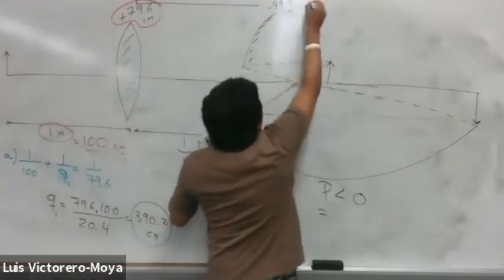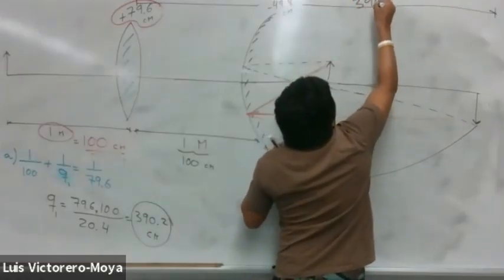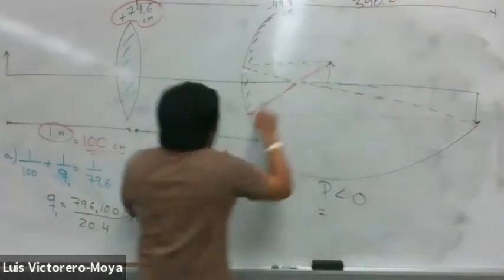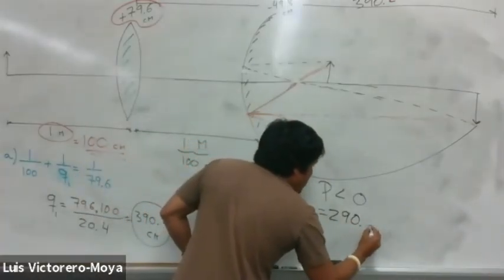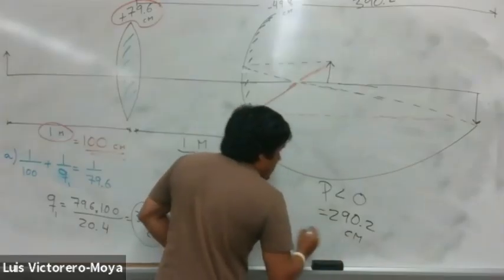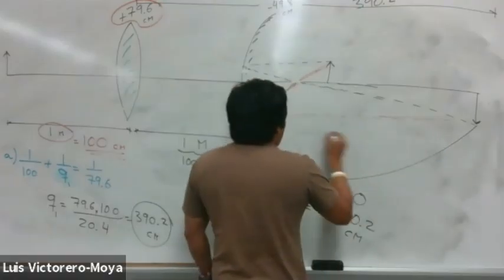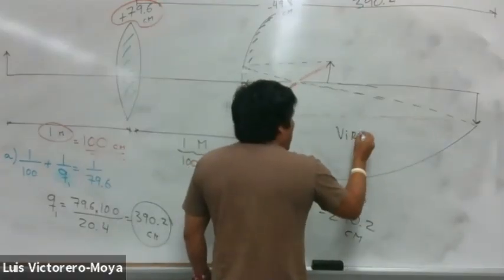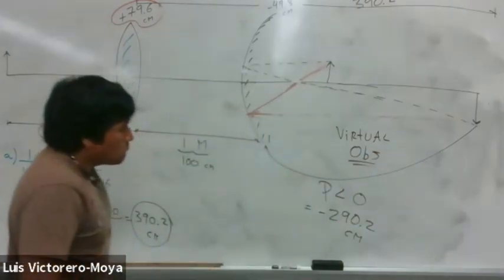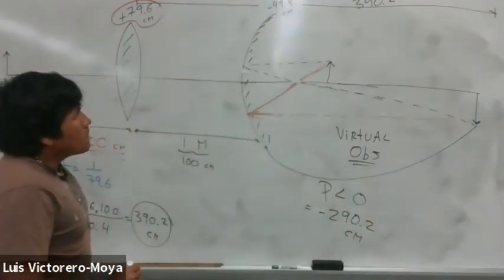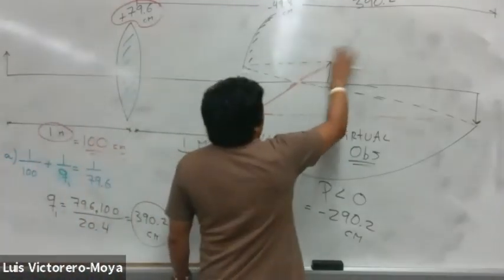All this is 390.2 minus 100. This P is 290.2 centimeters. But it's actually negative because that is now a virtual object. The focal length is negative though, so it makes sense.